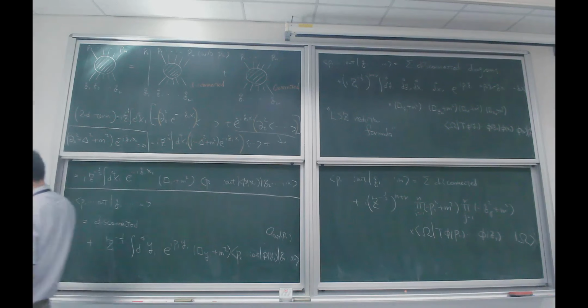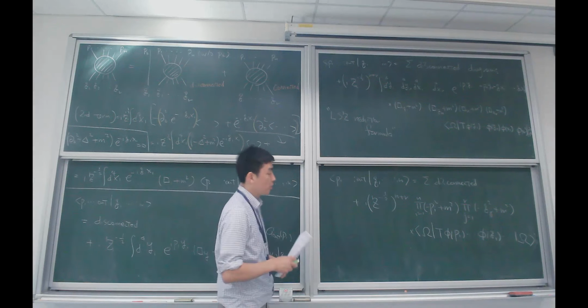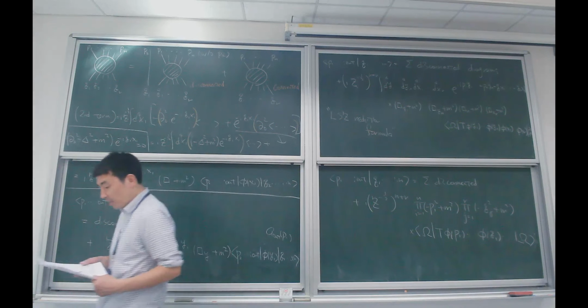Okay, that's what we have. So this is a momentum space representation of this matrix element.